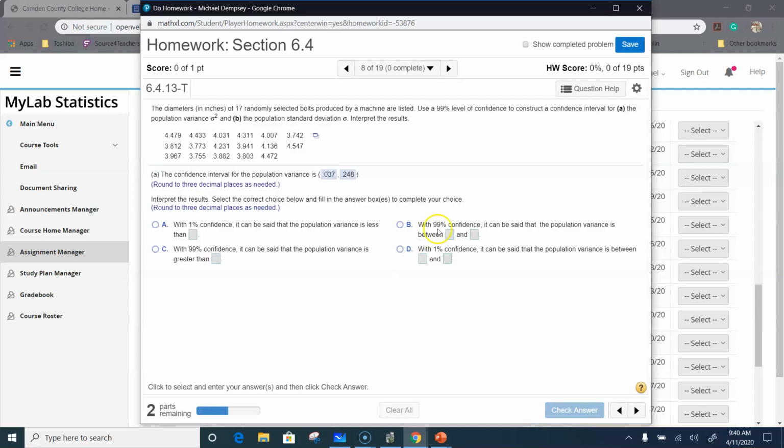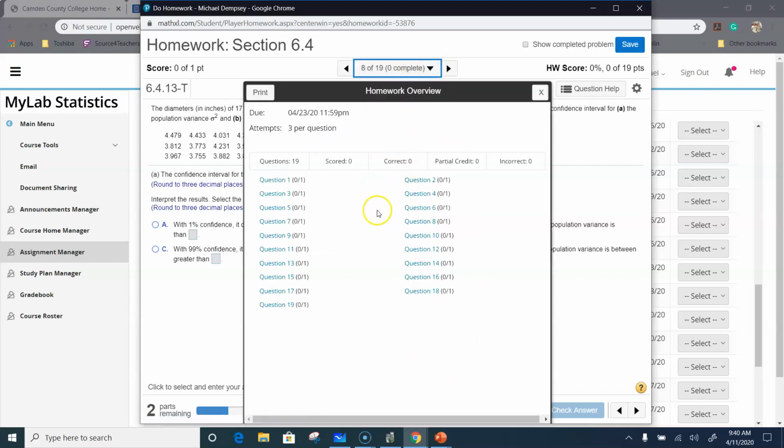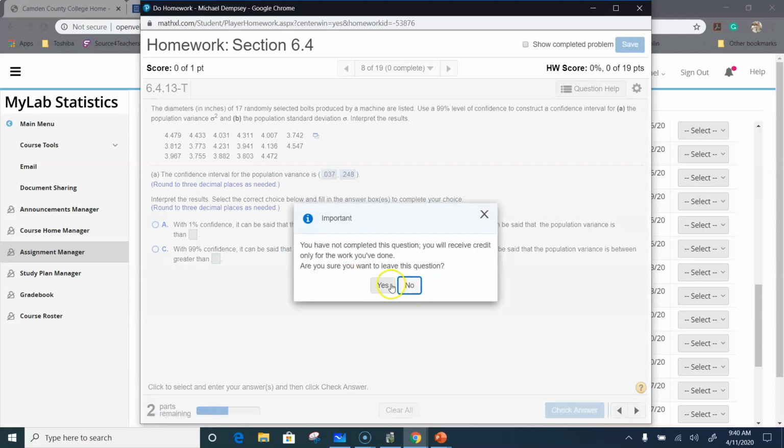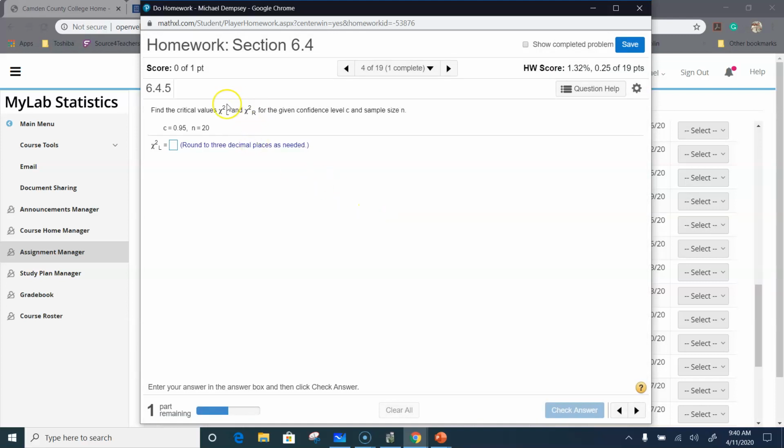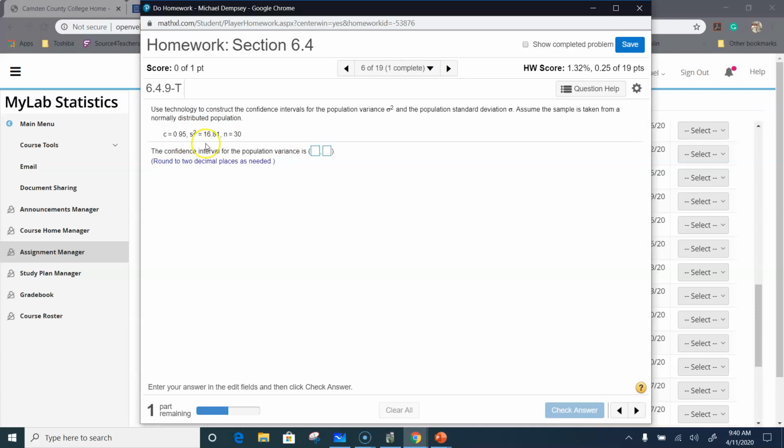Okay. And when you're working in StatCrunch, if you wanted to do the previous problems, like number, was it 4, where we have the sample statistics, you can probably do that. Or no, 4 is where we have to get our chi-squared left and chi-squared right. But if I have a confidence level, they give me the variance and they give me the sample size, StatCrunch can probably open that for you. You just don't have the option here.